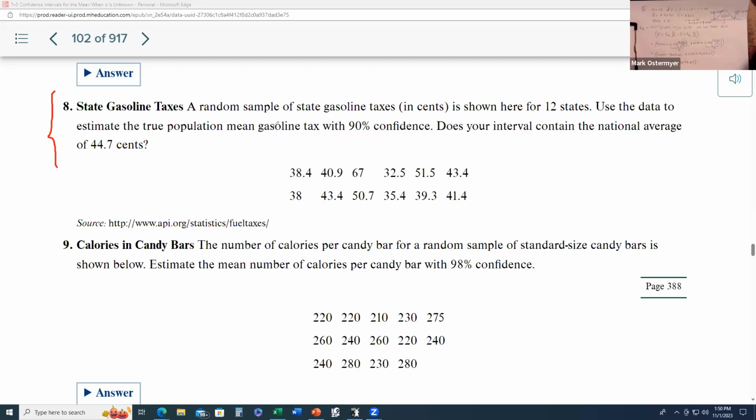So go ahead, ladies and gentlemen, and do this problem both manually and using your calculator. Hopefully our two answers are within very close limits to each other, just maybe a slight difference, a little bit of round off. Call that classwork 3, manually and using your T interval function.